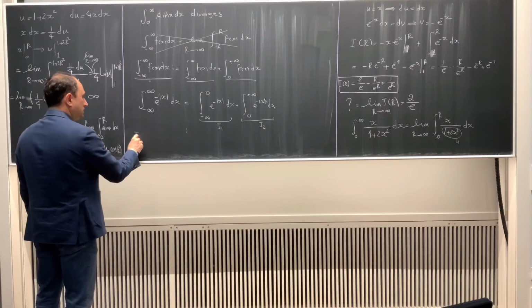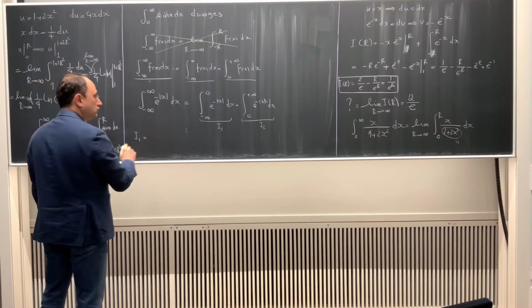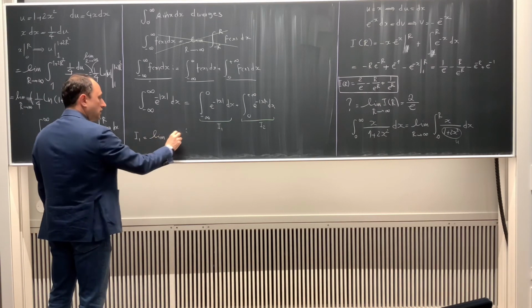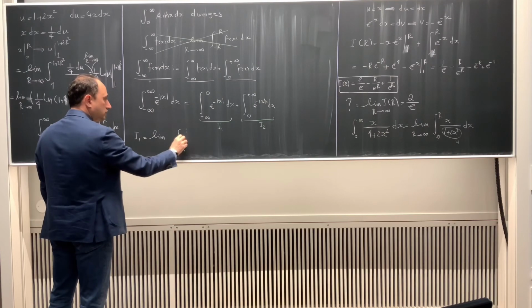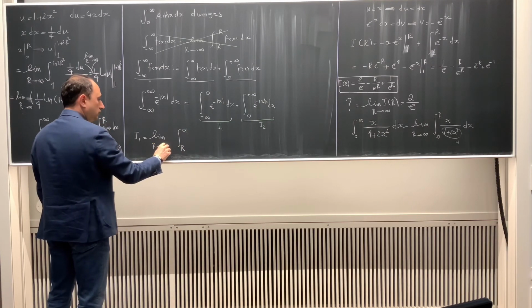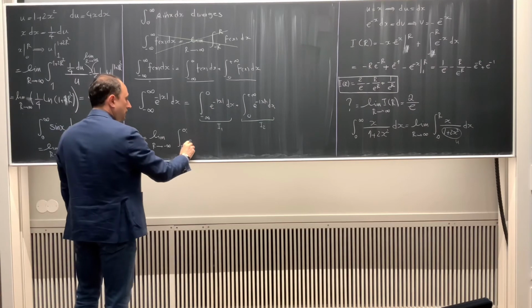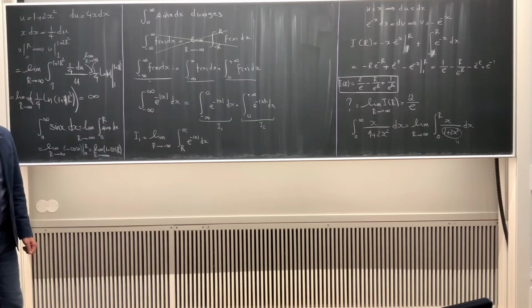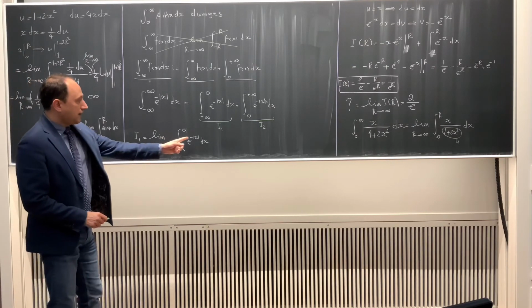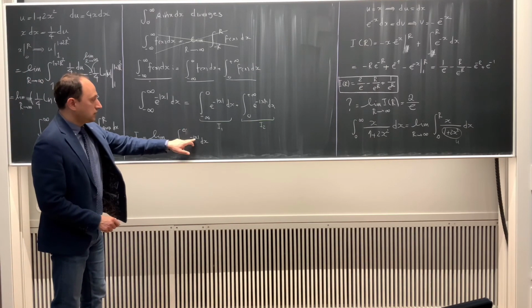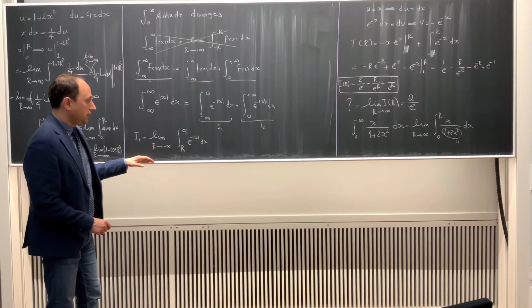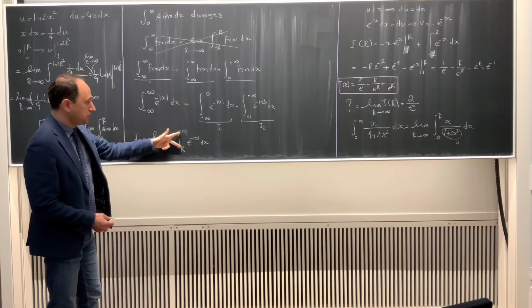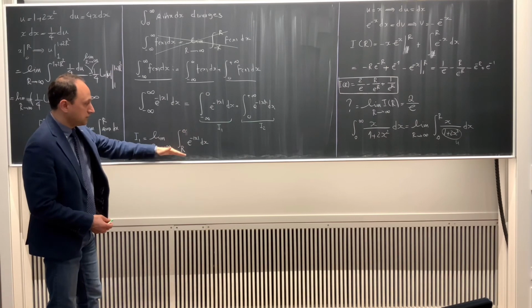So for calculating integral number 1, I have to use my definition. What was my definition? It was the limit of the integral from r to 0, r goes to negative infinity, of e to the power of minus absolute value of x dx. But I have to get rid of, as always, the absolute value sign. Can I get rid of the absolute value sign here? The answer is yes, because this interval is on the negative side.